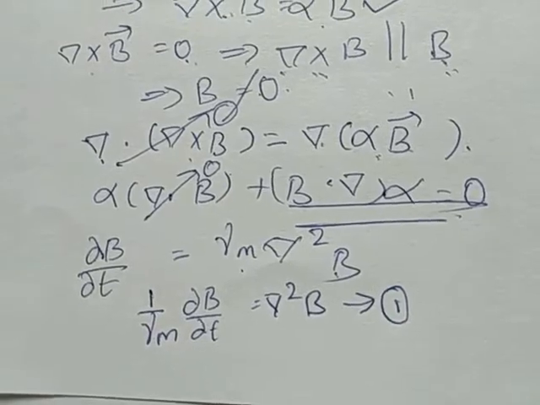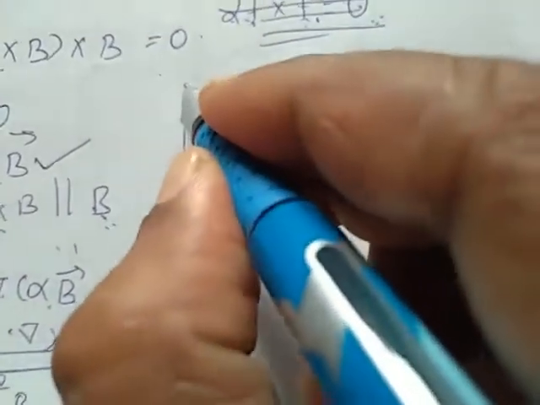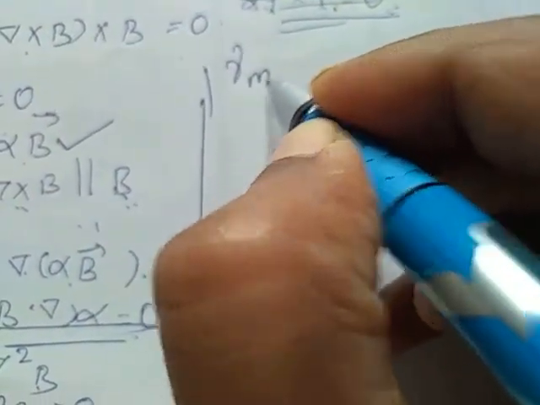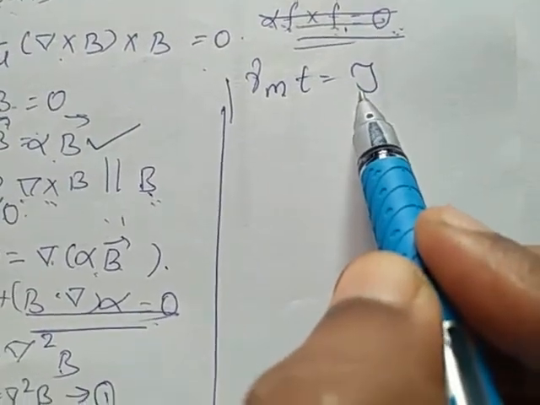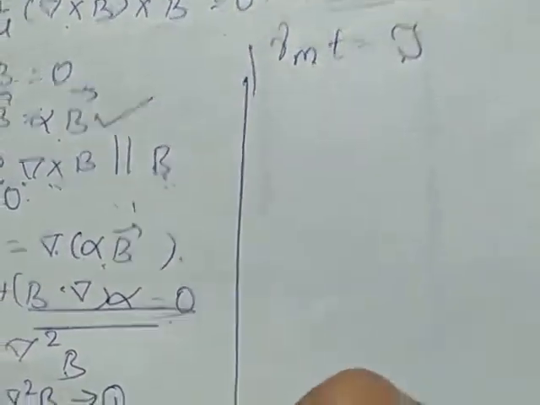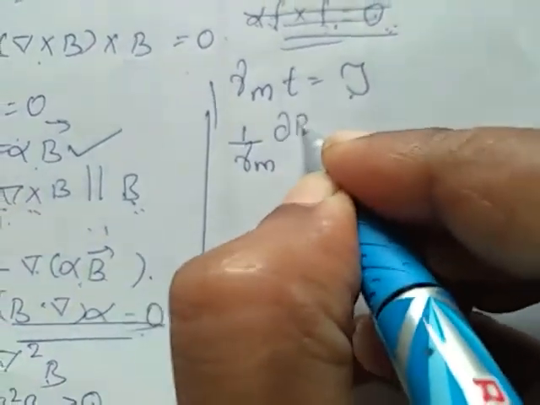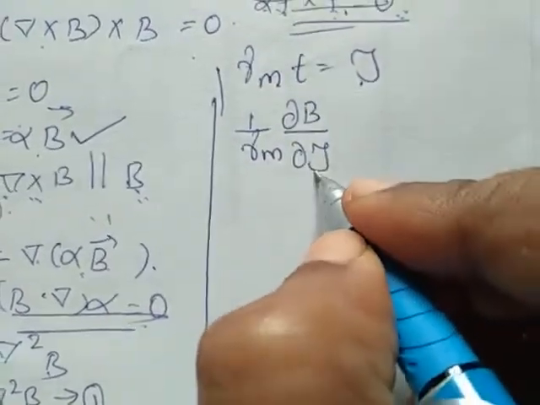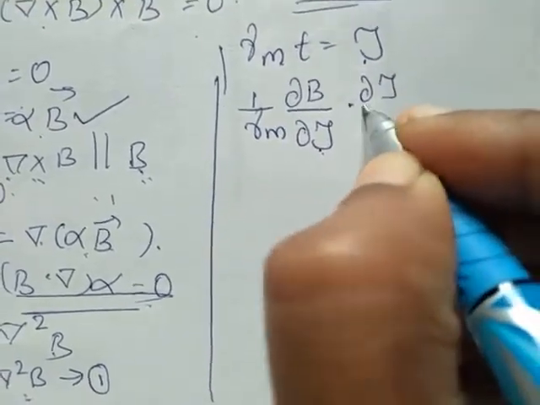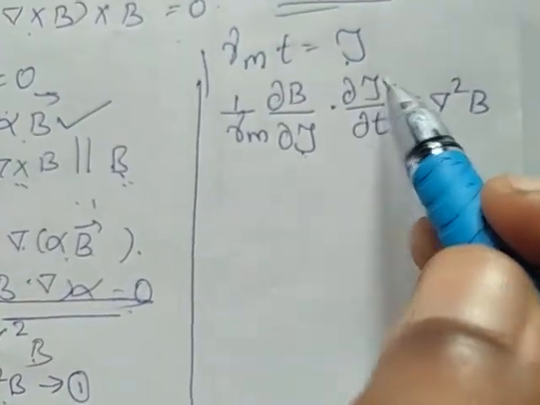Now I'll take tau as mu M into t. Equation 1 becomes 1 by mu M, using the total derivative formula, dou B by dou t changes to dou B by dou tau into dou tau by dou t is equal to del square B. So what is dou tau by dou t?